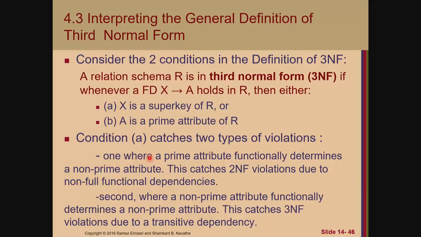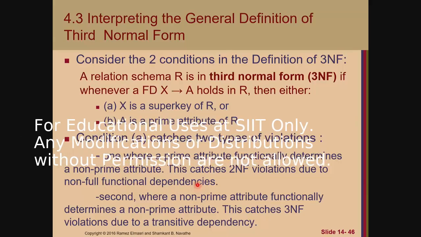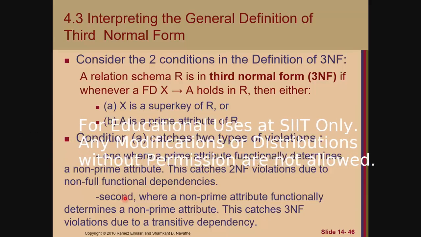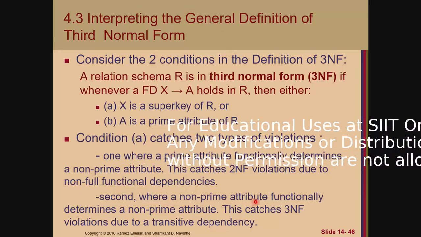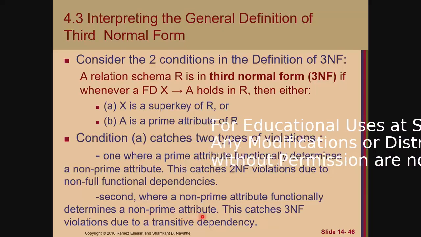The first one is where a prime attribute functionally determines a non-prime attribute. This has second normal form violations due to non-full functional dependencies. And second, where a non-prime attribute functionally determines a non-prime attribute.